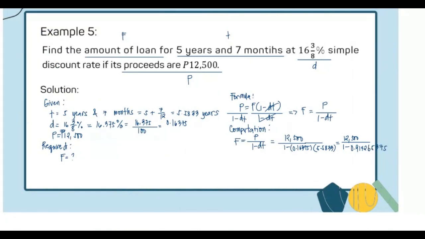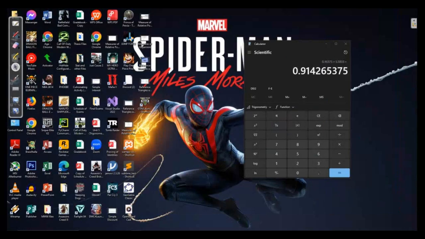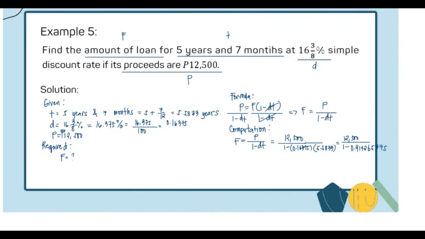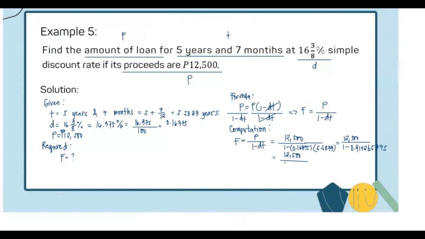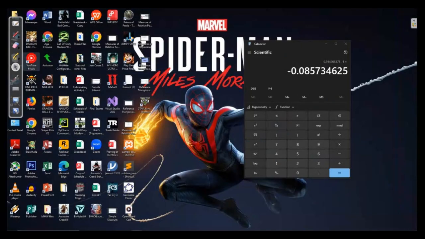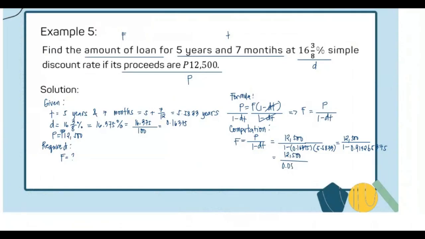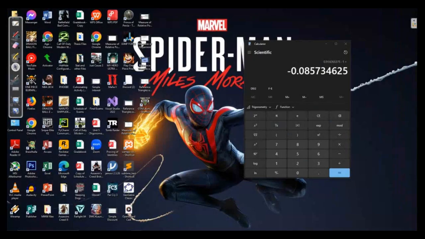And then continuing on the solution, so it would be now 12,500. Tapos ima-minus mo lang ng 1 yan. So i-minus natin to ng 1, it would give us 0.085734625. So, let me write that down. It will be 0.085734625.